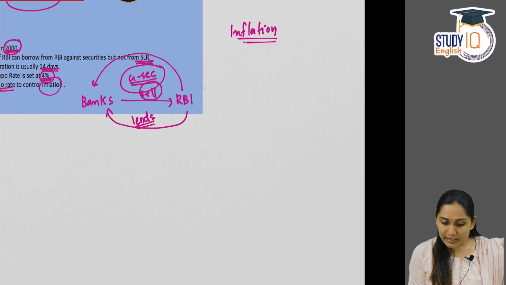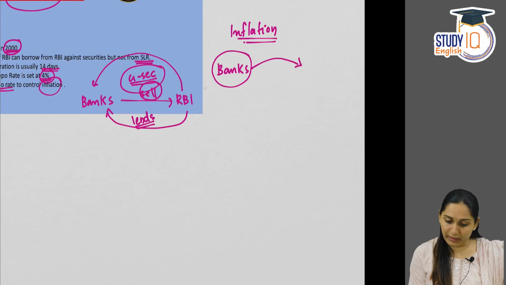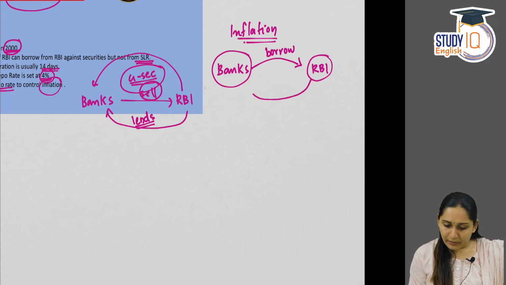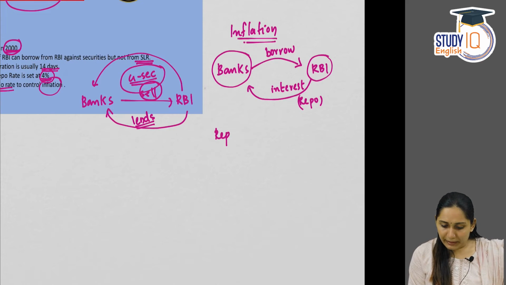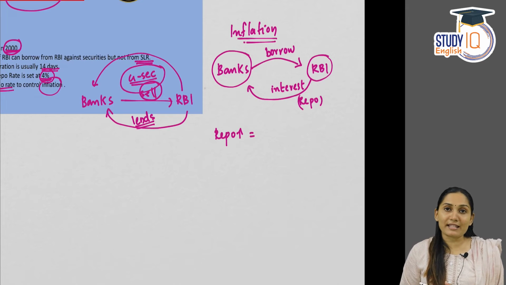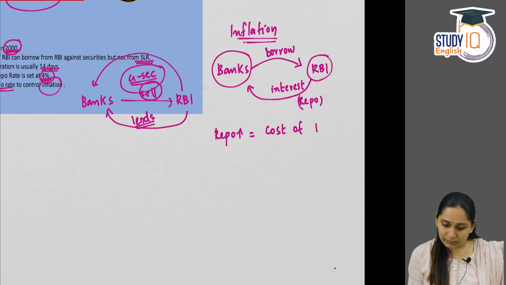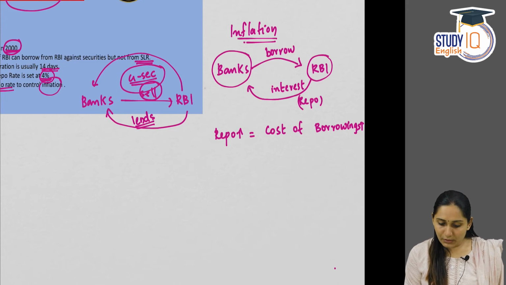This is important. Let's see how RBI uses repo rate to control inflation. As we said, repo is the rate of interest charged by RBI when commercial banks borrow from RBI for a short period of time. So, banks borrow money from RBI and RBI charges an interest rate called the repo rate. Now, when the repo rate is high, the cost of borrowings are high for the commercial banks.